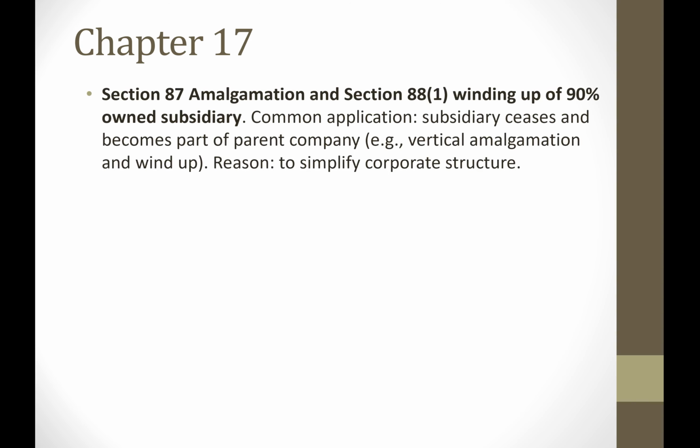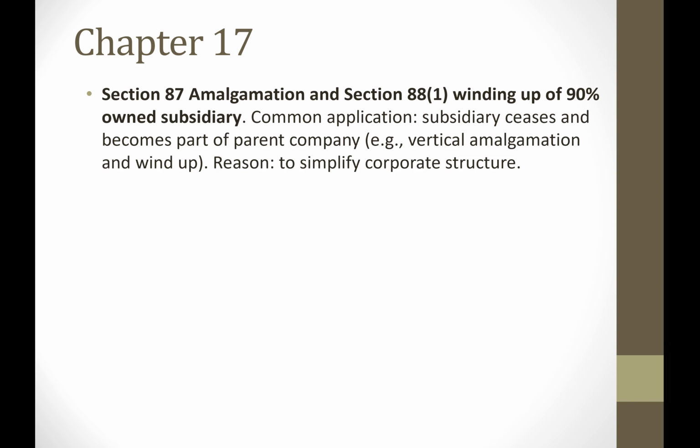Now, Chapter 17 also goes through Section 87 amalgamations and a Section 88(1) windup of a 90% owned subsidiary. Now, that is not covered in this video lecture, but with a Section 88(1), usually what will happen is the subsidiary will cease to operate and will be rolled up into, for example, the parent company.